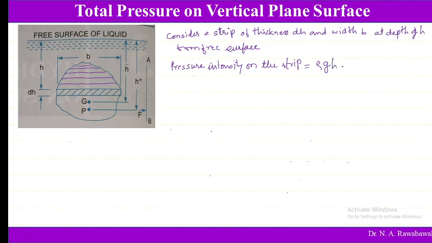So already we know rho gh is the pressure intensity at depth h meters from the free surface in a liquid having density rho, where rho is the density.